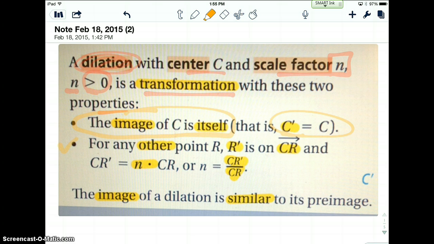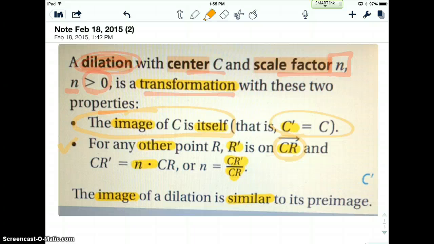Second thing that has to happen for any other point, R. So think about where you put that on your picture. R prime is on line CR. What is that going to look like?